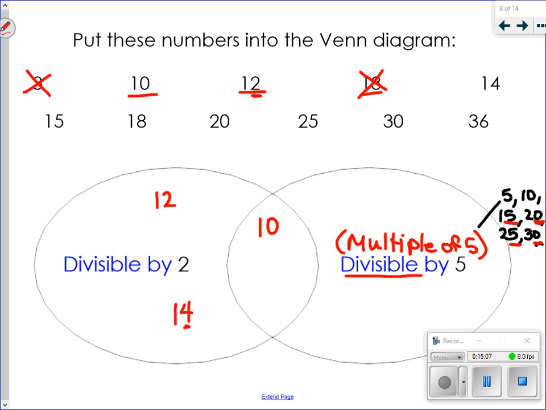Is it divisible by 5? Does it end with a 0 or 5? Nope. 14 is done. 15. Divisible by 2? No. Doesn't end with a 0, 2, 4, 6, 8. Is it divisible by 5? Yes. It ends with 5. So 15 belongs here.